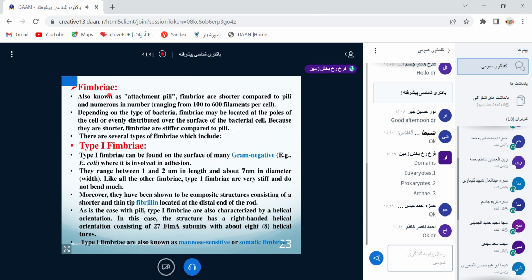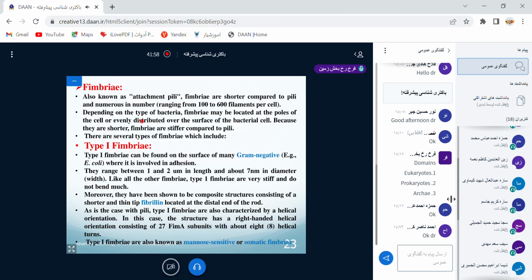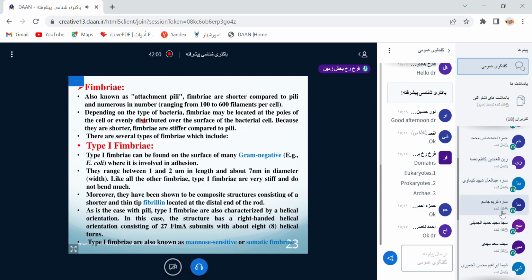Fimbria, also known as attachment pili. Fimbria are shorter compared to pili and numerous in number, ranging from 100 to 600 filaments per cell.